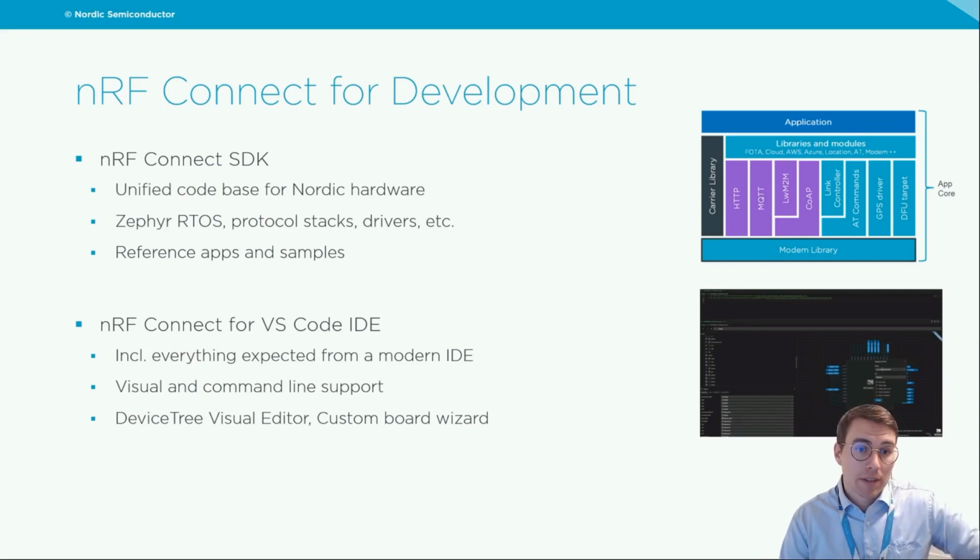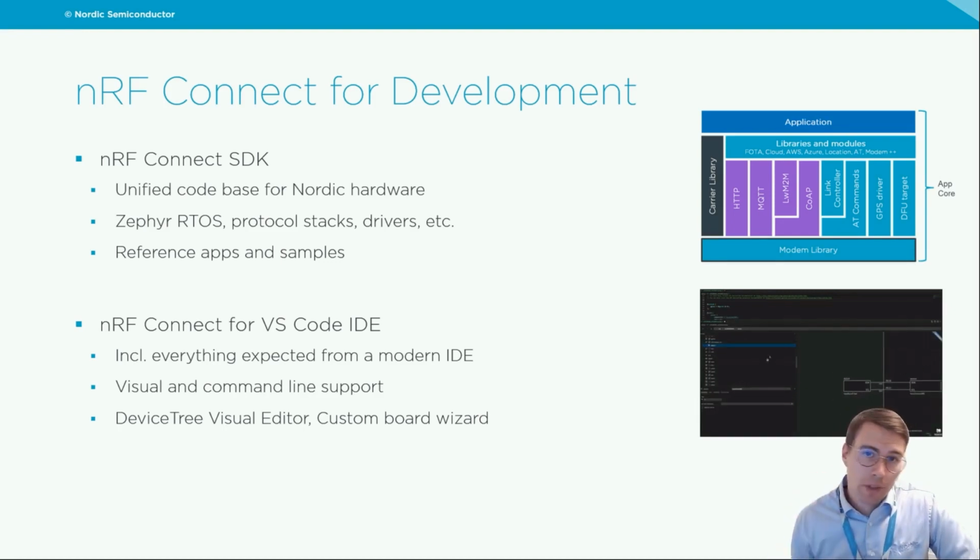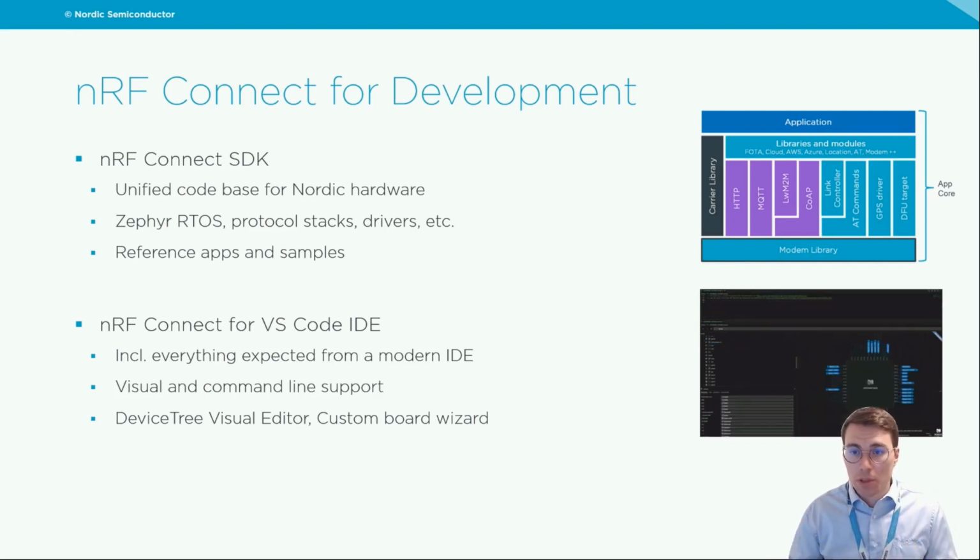And we also have a free-to-use IDE, which is nRF Connect for Visual Studio Code. It introduces a lot of nice features built to be optimized towards nRF Connect. So you have device tree integration, which you can see a sample of in the snippet here.